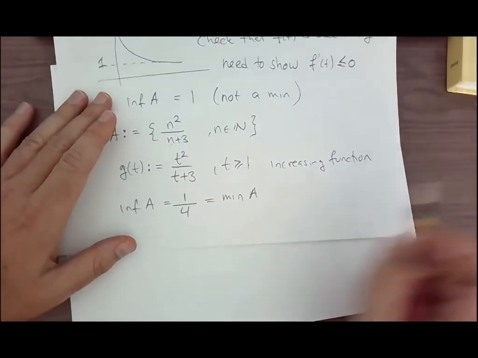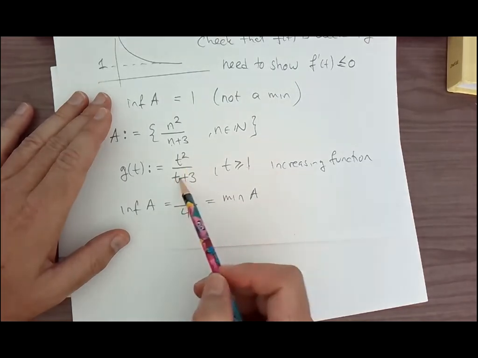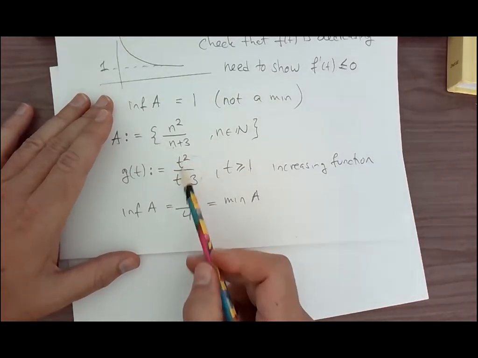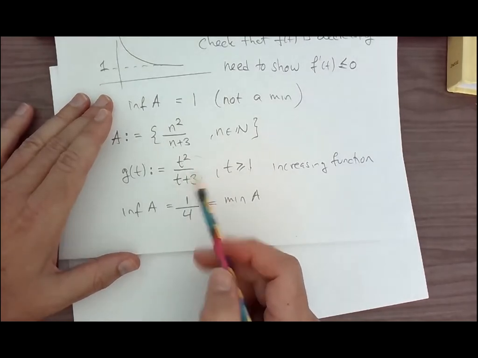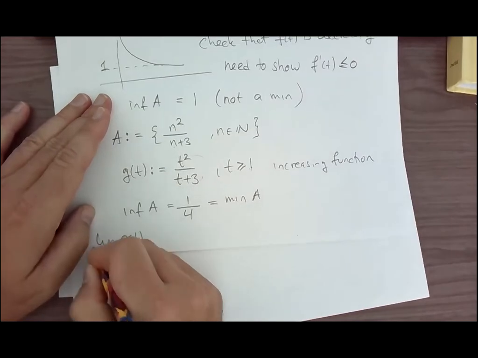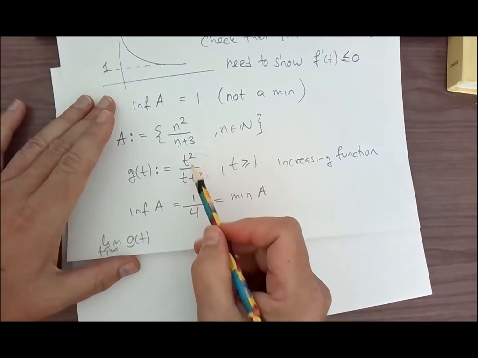Now, it's an increasing function. Let's try to figure out what happens here. I have t squared over t plus 3. So how is the behavior? When you look at the highest powers, this g of t, when I take the limit as t goes to infinity, I can use L'Hopital again, or I can just look at the powers.